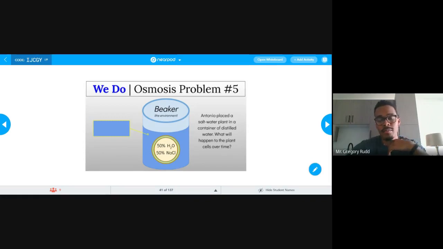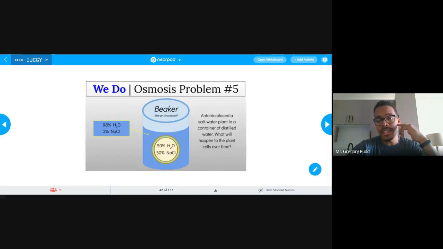That's an exaggeration, but for the purposes of this exercise, just to make it obvious, we'll think about it as 50-50. So it's a really salty environment. That's what the plant is used to. But if we place it into a container of distilled water, that distilled water has a far greater concentration of H2O and a far lower concentration of NaCl, of salt.